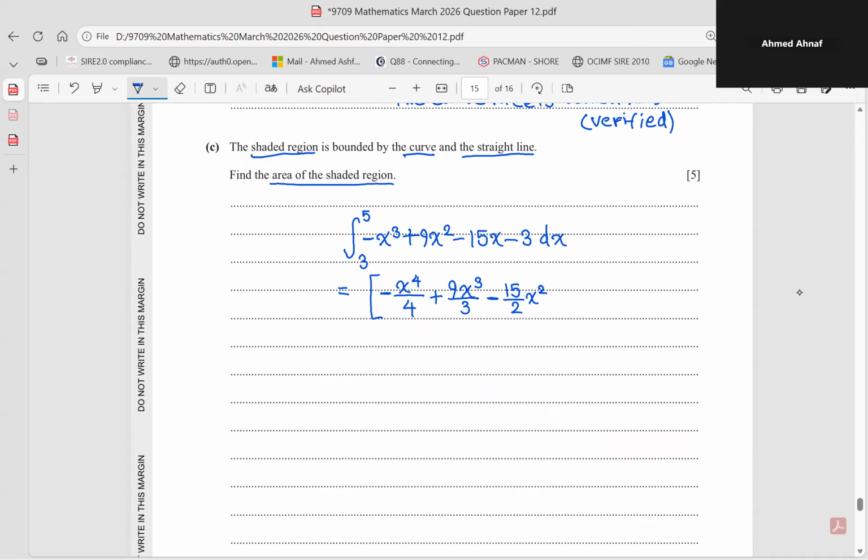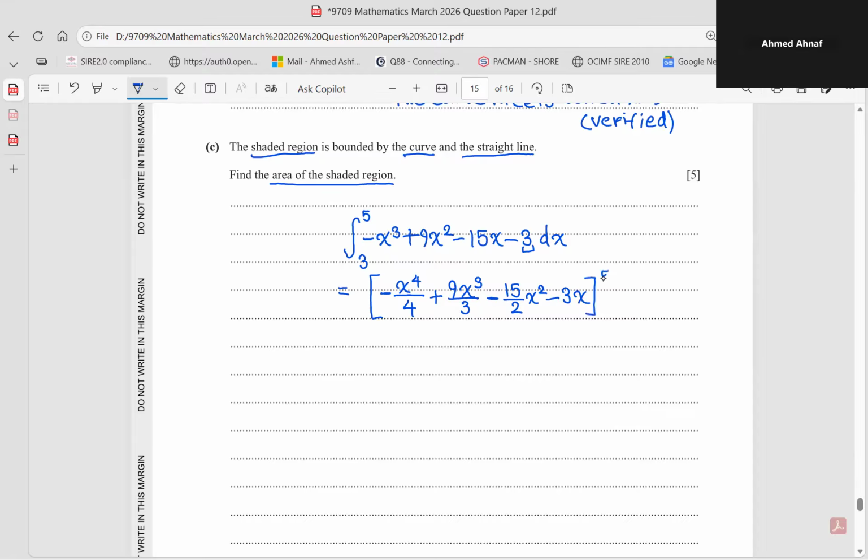So again, what I'm doing, I'm just adding 1 to the present power, which is 1, then you get 2, then you divide by the new power, which is 2. So you get 15 over 2. And then for any constant terms, so you integrate 3, you just add an x to it.